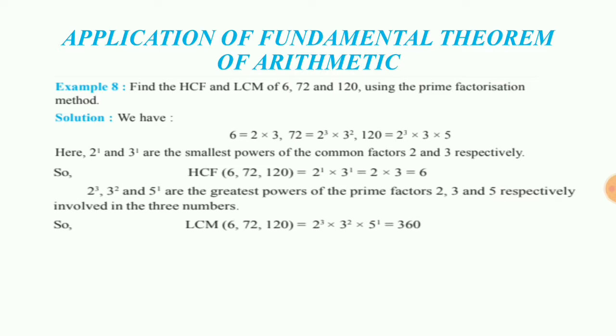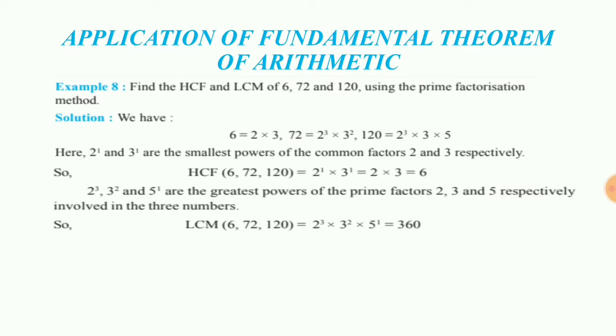Now let us come to the LCM. LCM is the product of the greatest power of all the prime factors of the numbers. That means whenever I am finding the HCF, I take the smallest power. For the highest common factor, I take the smallest powers, but for the least common multiple, I take the highest powers. See, the prime factors of 6, 72 and 120 are only 2, 3 and 5.